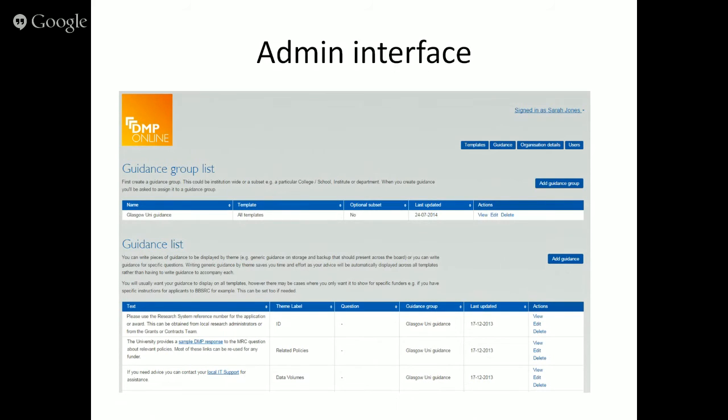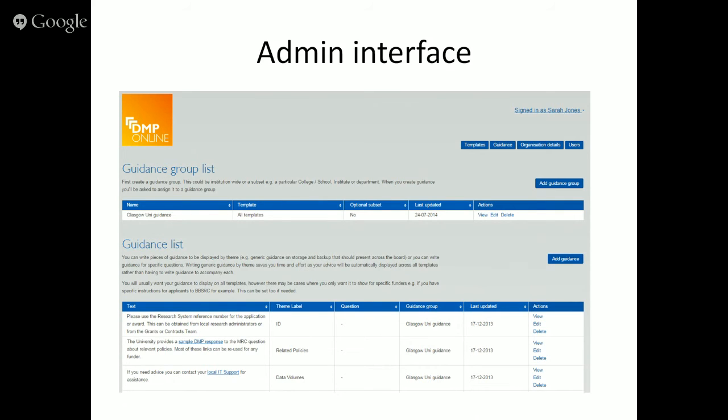Since the last webinar we did, there have been other features that have been put out. I imagine most people are aware of the admin interface, but just in case not, I just wanted to flag that we do have an administrative interface to the tool, and this allows people to add their own templates. So a template for an institution, for example.